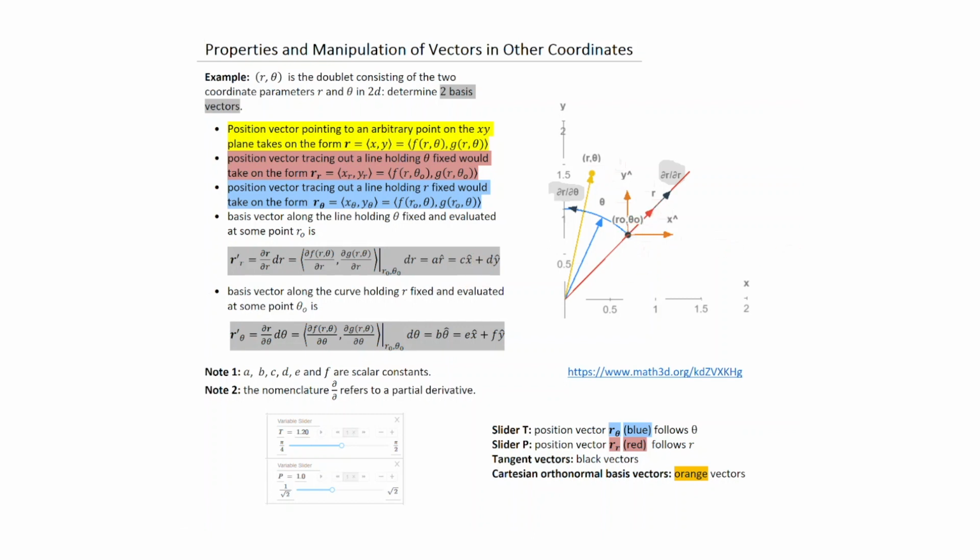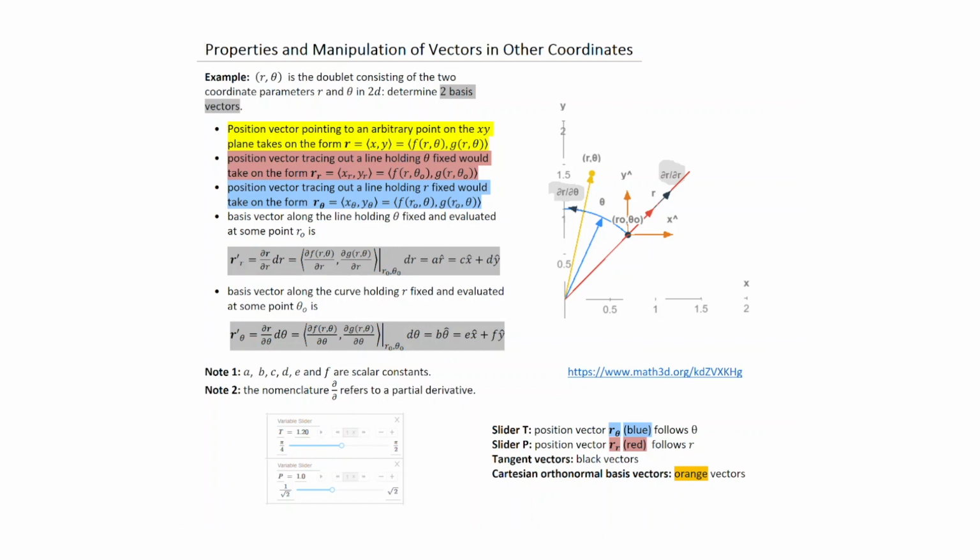The basis vector along the curve holding r fixed and evaluated at some point theta naught would be taking dr with respect to theta. This is the one that looks at a vector pointing in this direction. So you're going to evaluate this at the position r sub 0, theta sub 0, and the differential length would be, as shown, d theta.